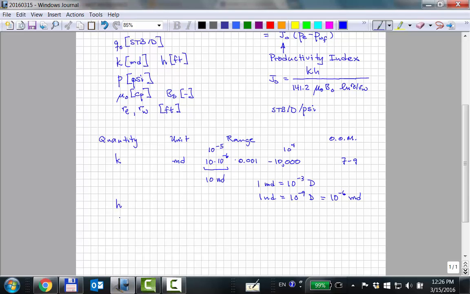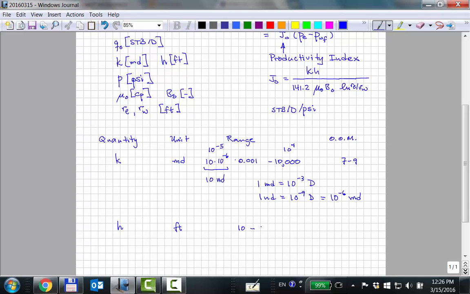So, thickness, I'm going to move this down a little bit. Thickness, I'm putting in feet. Divide by 3 if you're a meters person. Okay? And we can start on the low end with 10 feet. For sure, you can have a 3-meter thick formation, and in parts of the world you'll make money, so that's typically a minimum.